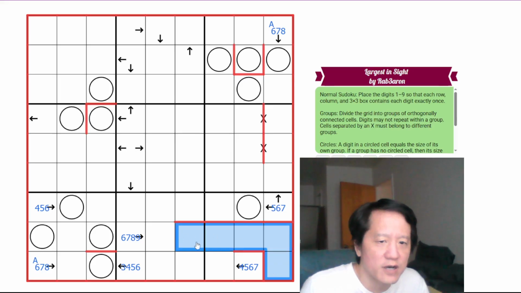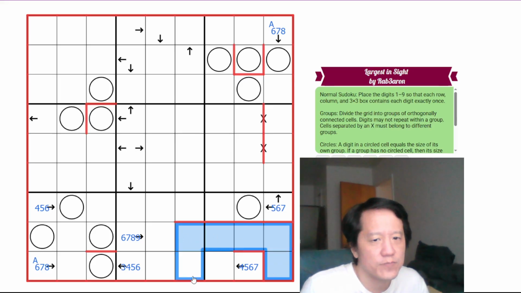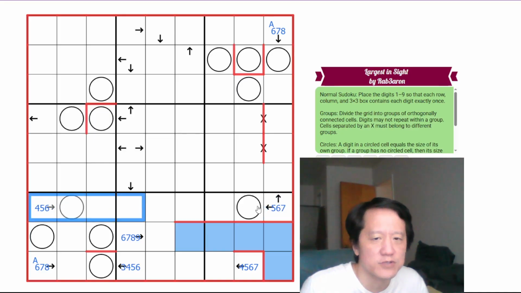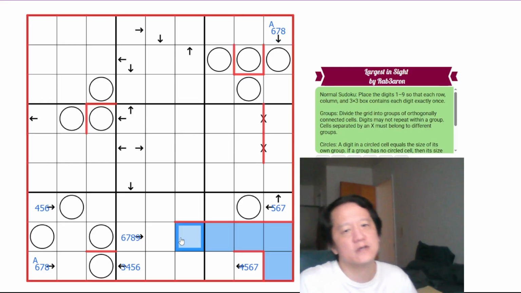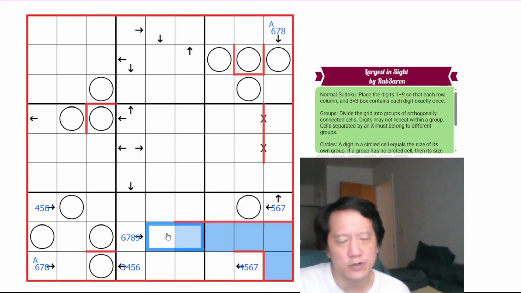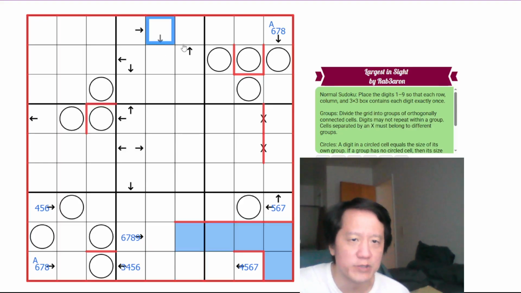Either this cuts off and it's 6. Wait, does it have to be 6 here? Couldn't it be 5? I think this could still be... No, because this is 4 and that's 5. This can't be 3 here. That's the reason why this has to be at least 6. Okay. So it could go that way, in which case this would be larger than that. But we don't actually know.